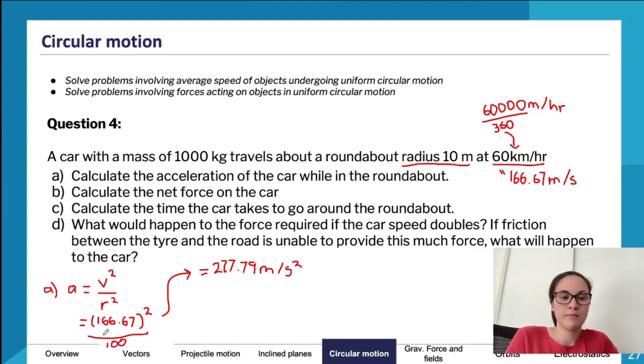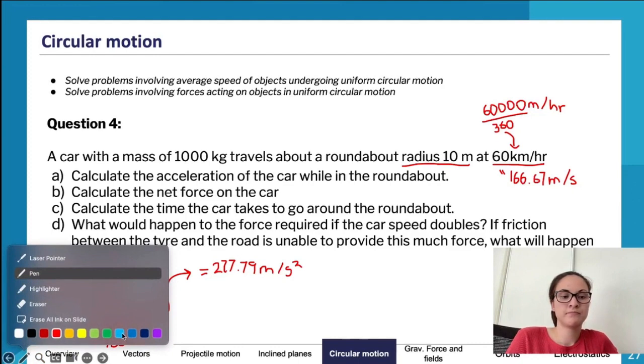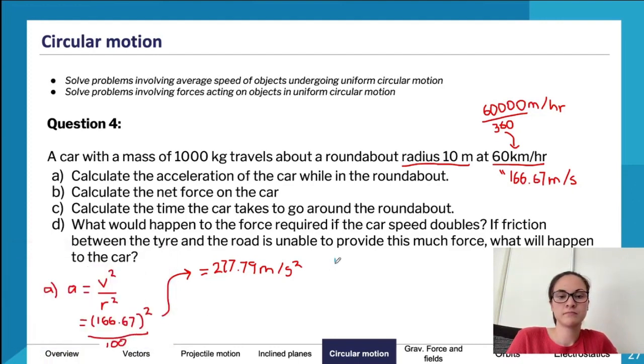Now for b, I'll use a different color. They say to calculate the net force on the car. So for this, we're going to use F is equal to ma, or F net, I should say.